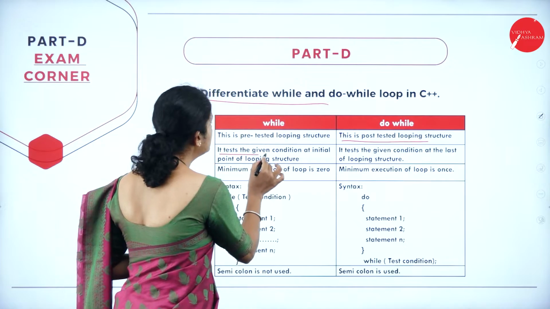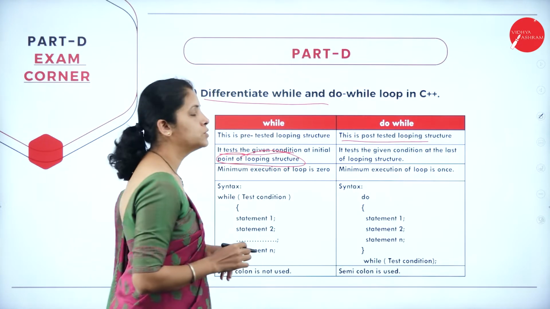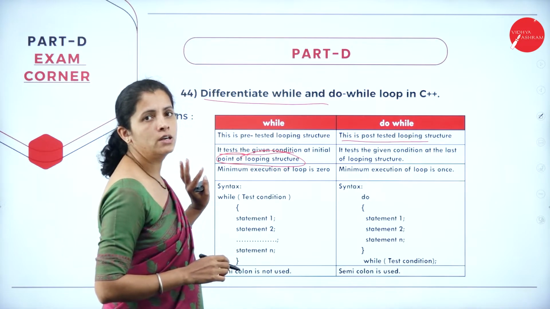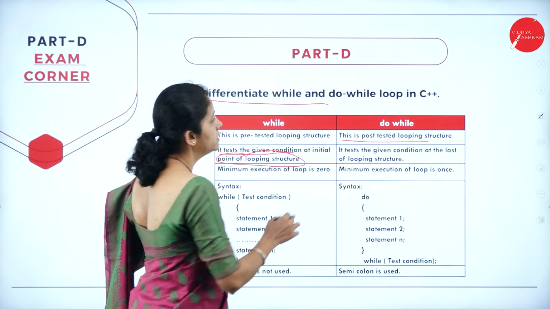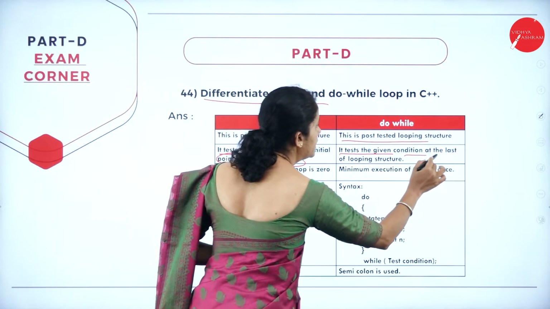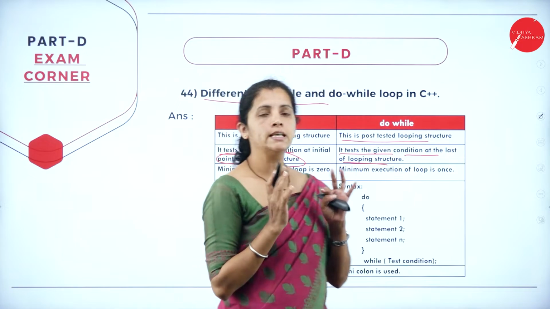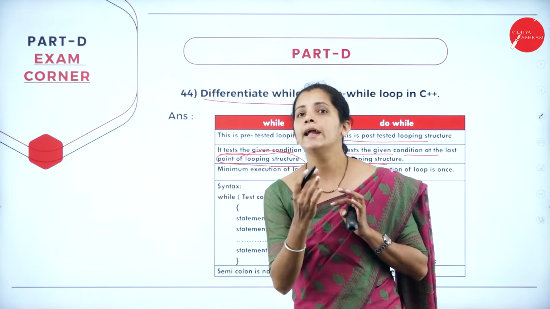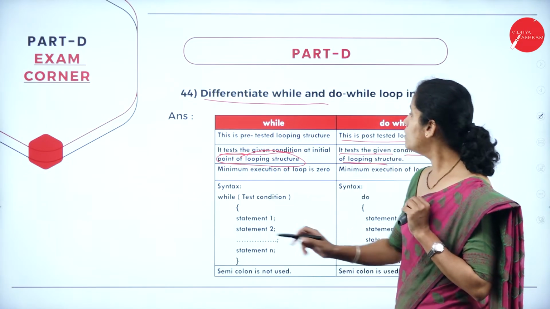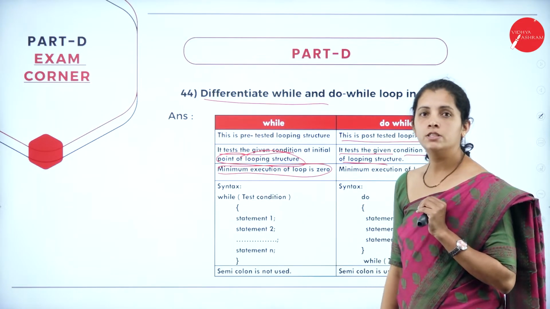Now it tests the given condition at initial point of the loop. So at the beginning itself, it's going to check the condition. But if I go with do while, it tests the given condition at the last of the loop. So it's going to test the given condition at the end of the loop. Now it's going to execute minimum 0 time.